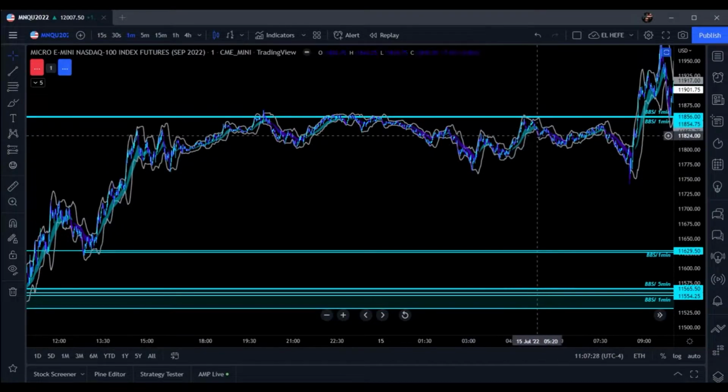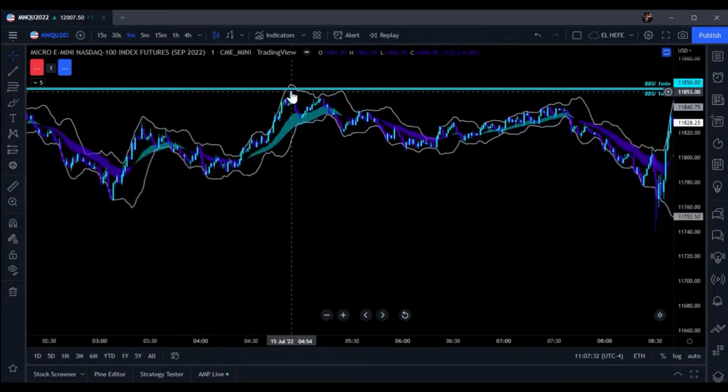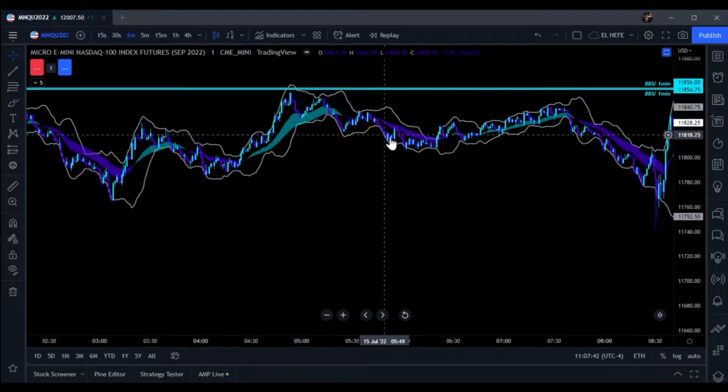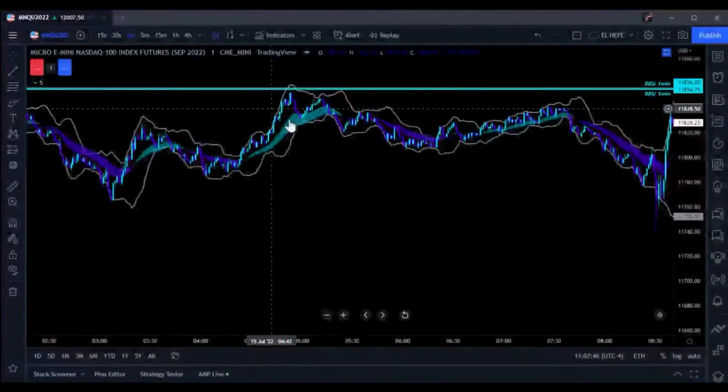You could have got yourself short here, maybe, but it came right back up on you. You probably would have moved your stop by the time you got right here, and it would have come right back on you, then barely come down and come back up again. It's unfavorable to trade right here because there's no real follow through.